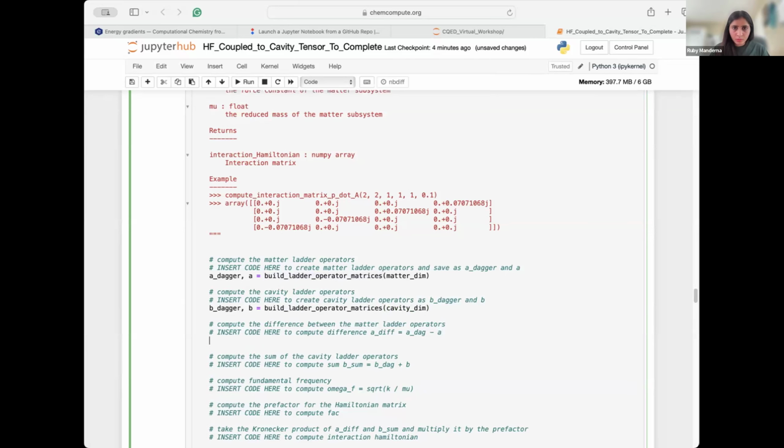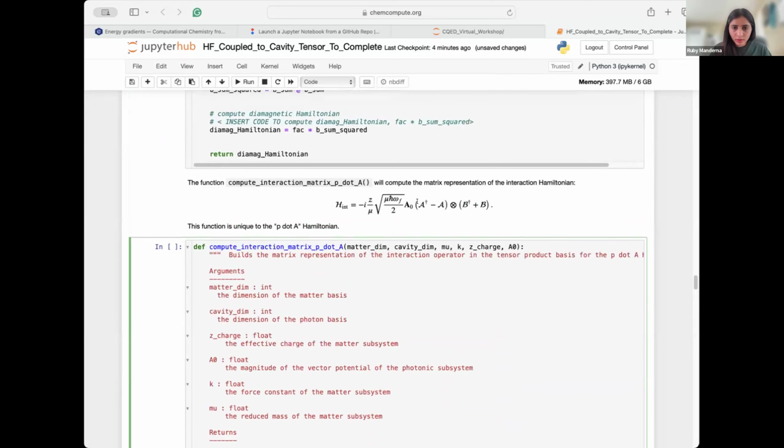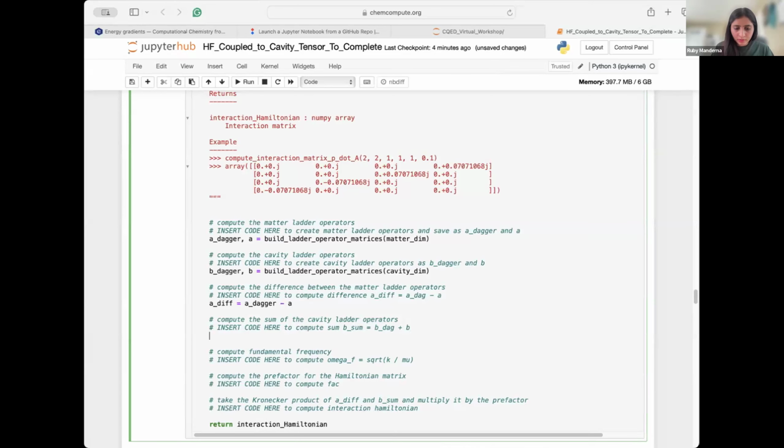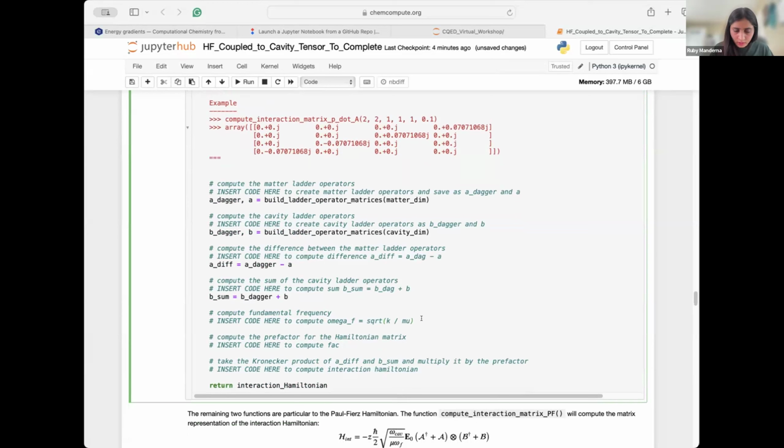In this line of code, because we need the subtraction of A dagger and A, we will do that, and we'll store that as A underscore diff, which is equal to A underscore dagger minus A. Similarly, we need the summation of B dagger and B, and we'll store that as B underscore sum, which is B underscore dagger plus B. Now we need the frequency.